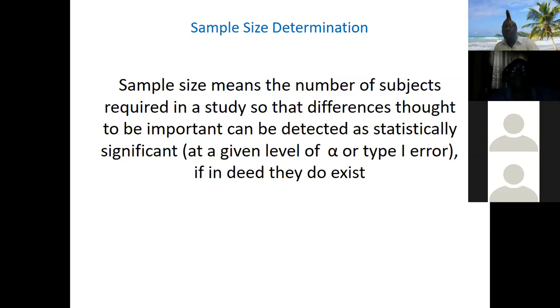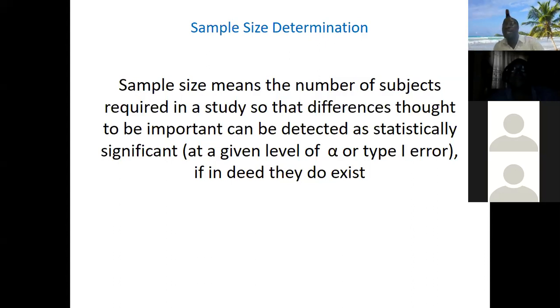The only thing I just want to explain here now is the difference, for you to be able to detect the difference thought to be important. There are some subjective aspects of sample size determination because there are some things we get from experience.